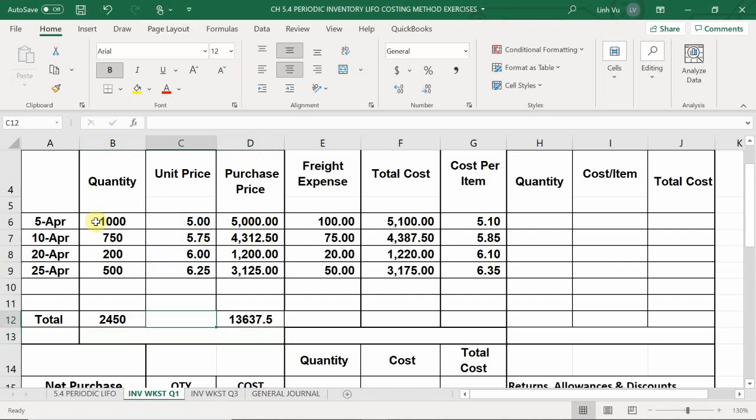Okay. What was my total freight? $245. And then last but not least, what is my total cost? $13,882.50.